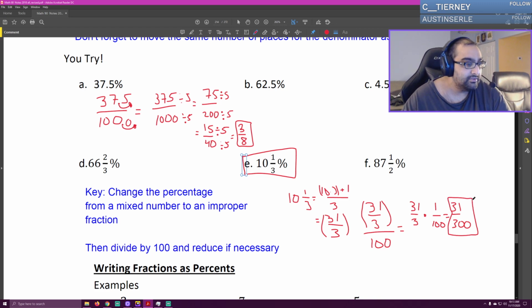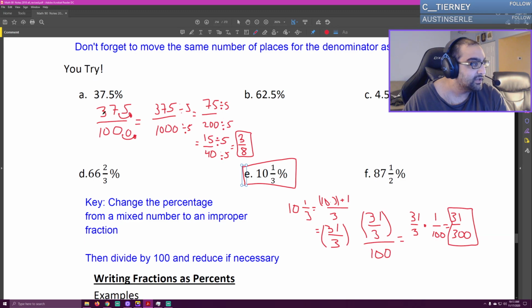And so this is essentially how we can take a mixed number percentage and change it over to a reduced fraction. You're going to repeat the process with the times 1 over 100 every single time. I just want to point out that is the big difference between, say, doing a decimal, where you're just moving the number of decimal places.